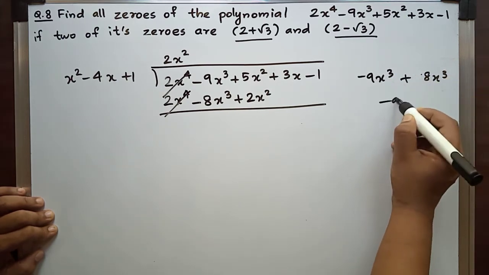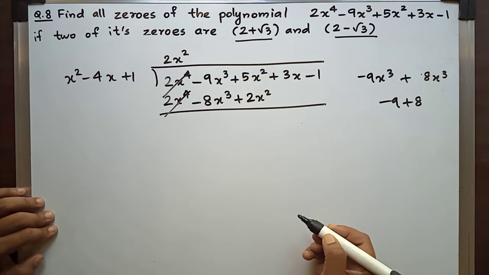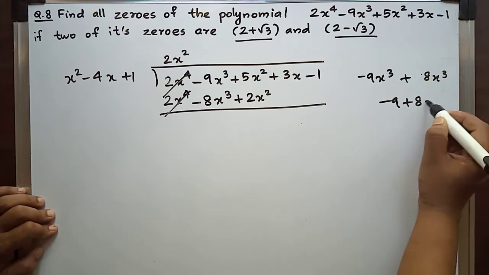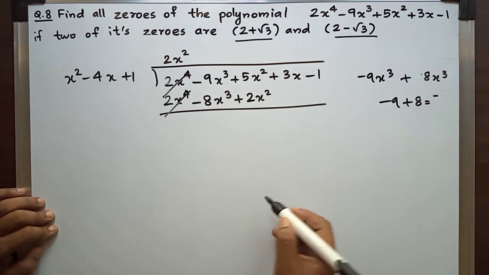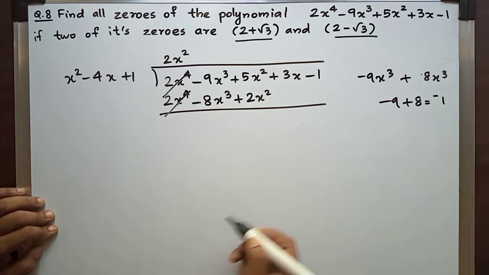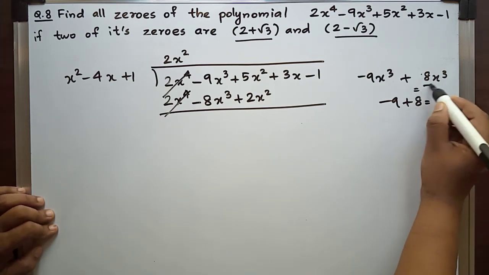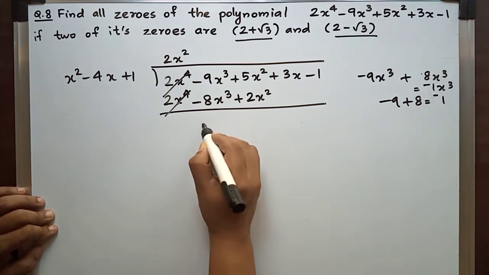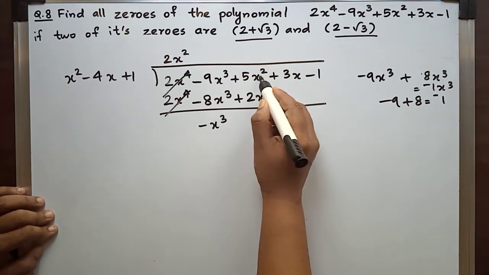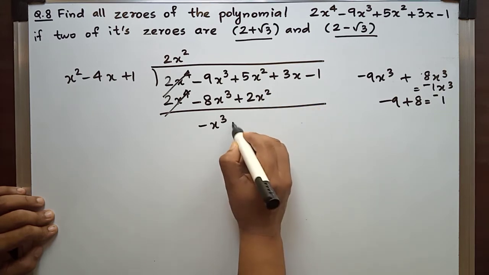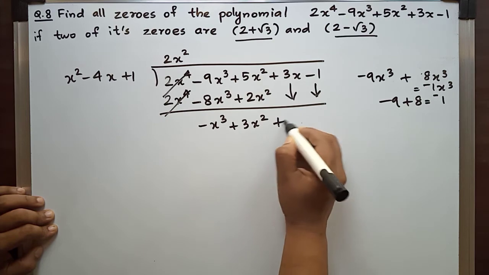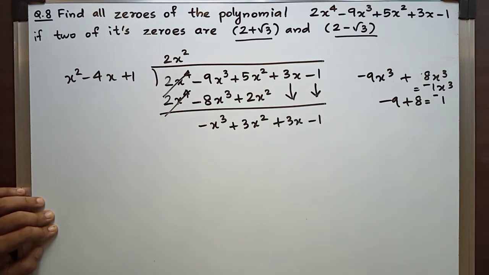Minus 9 plus 8: we are adding one negative number with a positive number and the bigger one is negative, so the answer is negative. Bigger minus smaller, 9 minus 8 is 1. So it is minus 1x cube or minus x cube here. Now 5x square minus 2x square is 3x square. Then the rest of the terms, plus 3x minus 1.